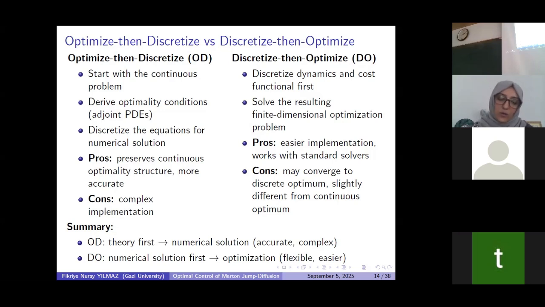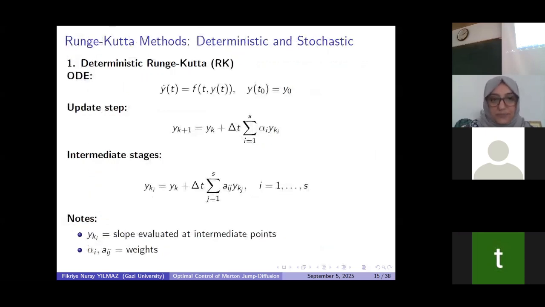Then, instead of applying the Hamiltonian function in continuous form, we use the discrete form and we get discrete optimality conditions. There are also some advantages and disadvantages of both techniques, of course, but the latter technique is more flexible than the other one. So in this work, we will use the discretize and optimize technique. As for discretization, we consider Runge-Kutta methods.